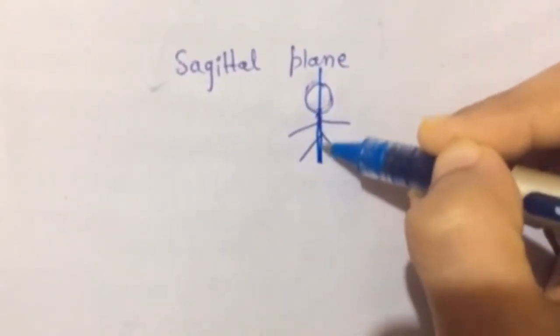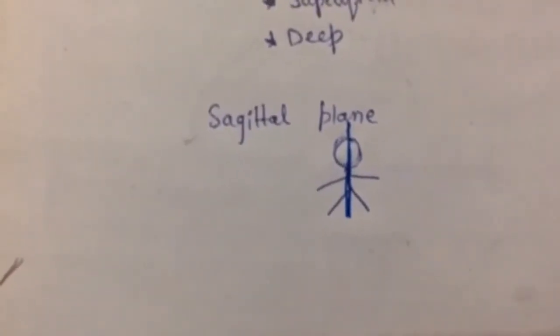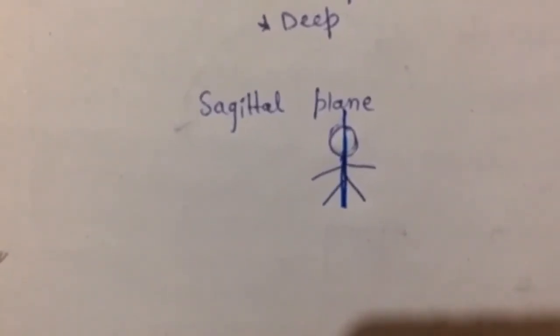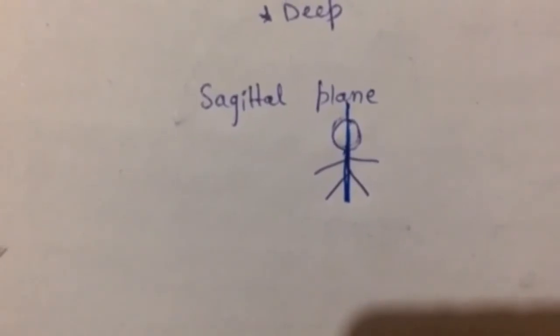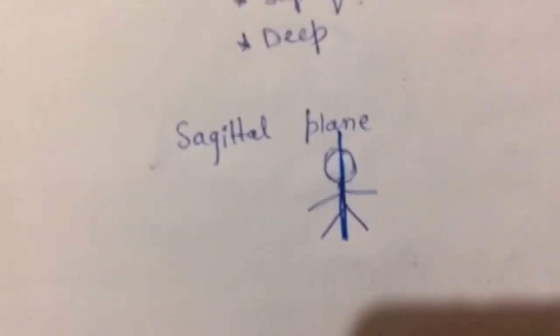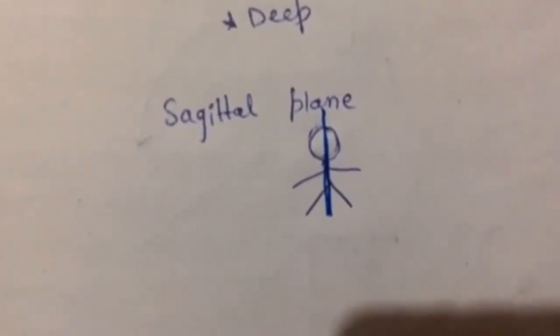We divide them vertically. This is called the sagittal plane, in which we divide the body into left and right halves.